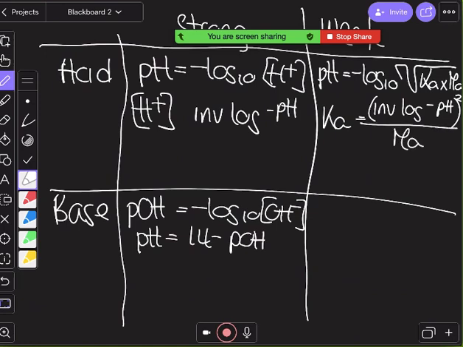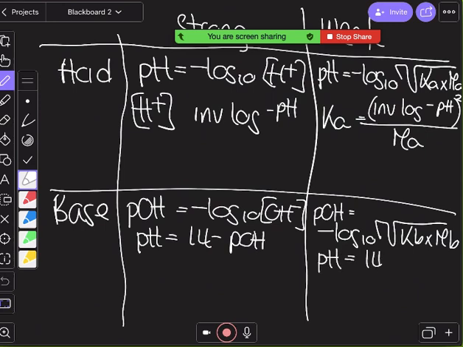In a weak base, we would have to find the pOH. So that would be negative log to the base 10 of Kb times Mb. And then pH is equal to 14, take away pOH.